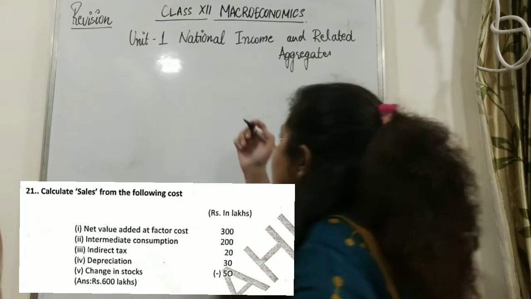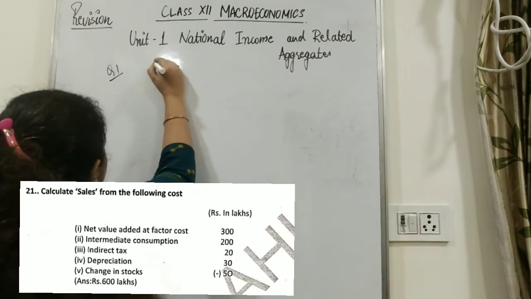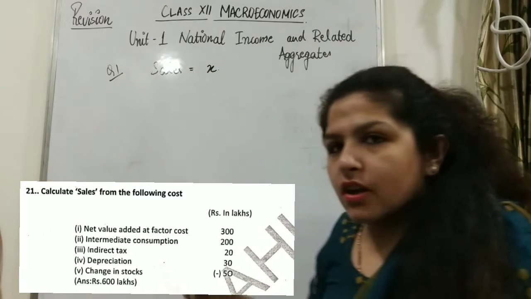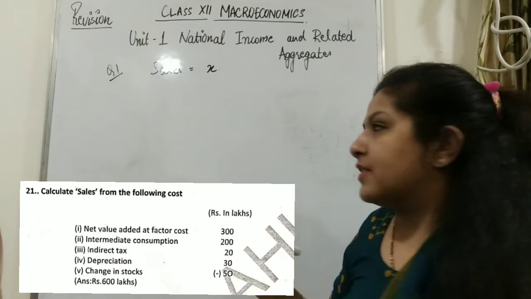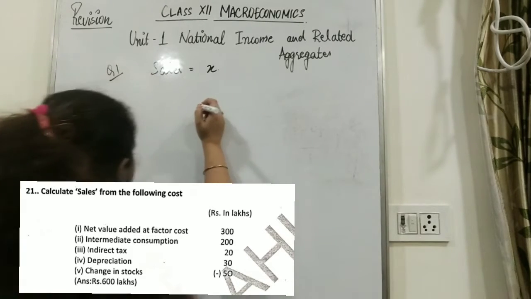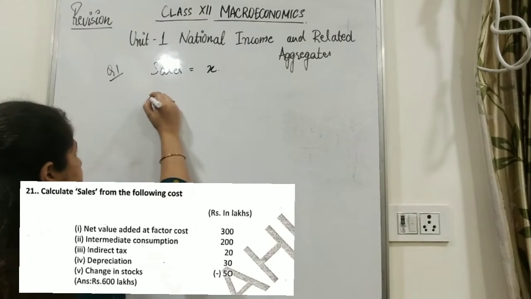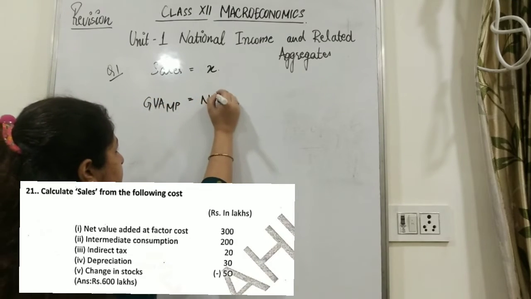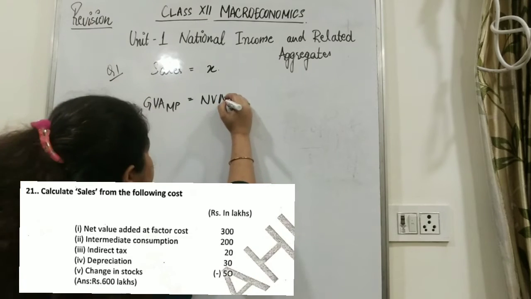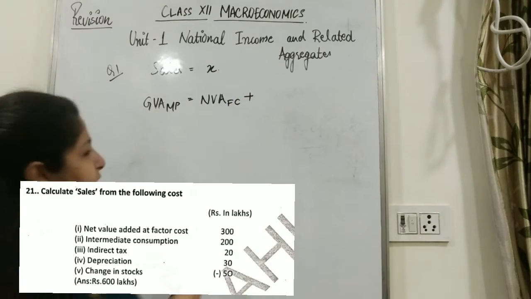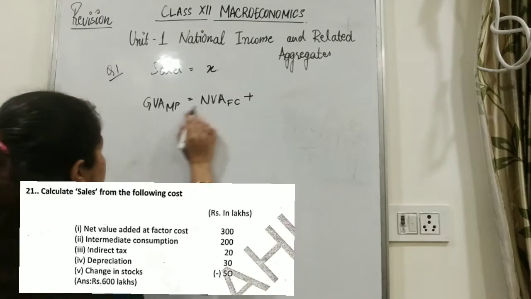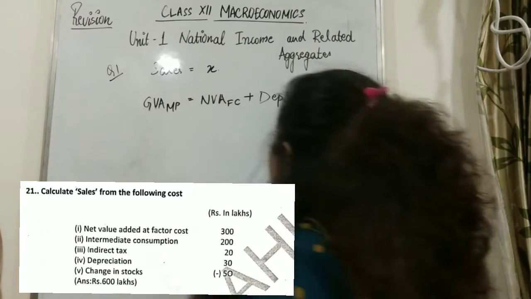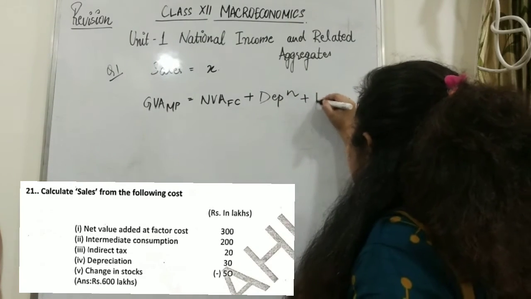So let's take sales as X, and the question is also given with NVAFC, that is net value added at factor cost. But we need to calculate GVAMP. So we require GVAMP from the given NVAFC. So we'll use the basics. What is the basics? Net to gross, we add depreciation. Then factor cost to market price, we add NIT.